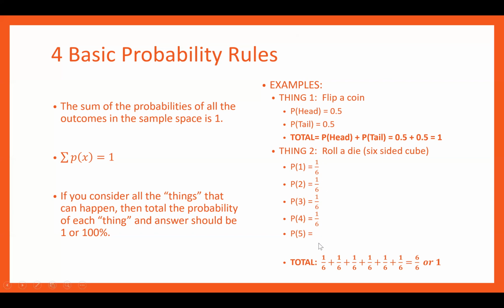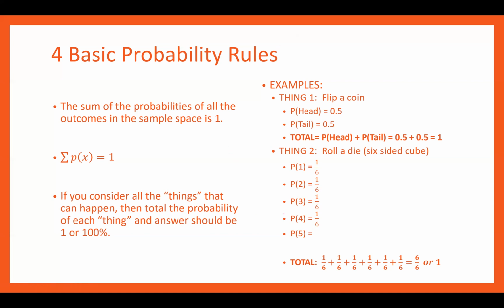Similarly, if you think about rolling a die, and it looks like I've got some numbers missing here. Okay, if you roll a die, you have a 1 in 6 chance of rolling a 1, a 1 in 6 chance of a 2, a 1 in 6 chance of a 3, a 1 in 6 chance of a 4. It looks like some of my numbers are missing.